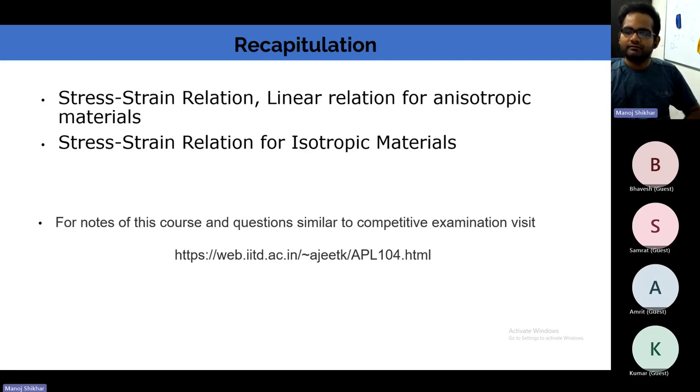At the end of the PDFs, you will have many questions. Some of them are objective, some of them are subjective, and those questions will prepare you for different competitive examinations. In this class also, I'd like to take some of those questions. I will not solve all of them. I will solve a few of them, and the rest you can solve by yourself, and you can ask me doubts in the next class.